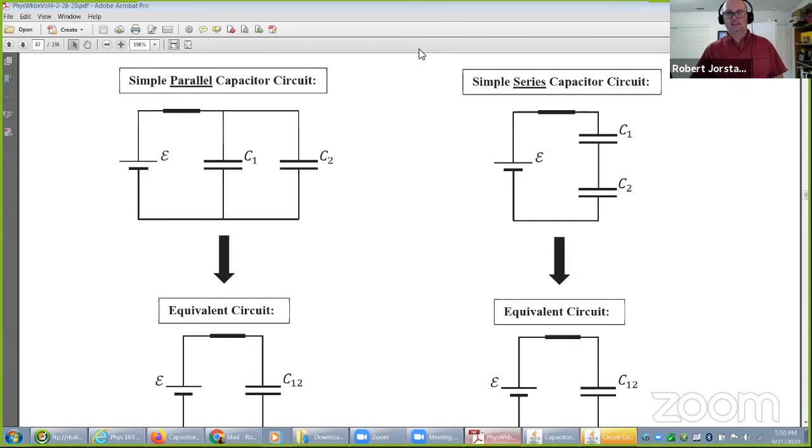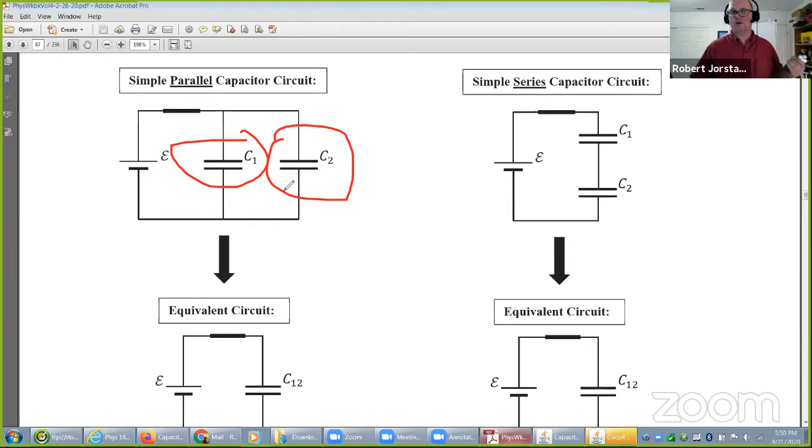The idea here is this capacitor and this capacitor. This is how you might wire it in the real world. This is the symbol for a battery. This is the plus terminal, and the thick black line is the minus terminal. Script E stands for EMF, which basically means the potential difference across the battery.